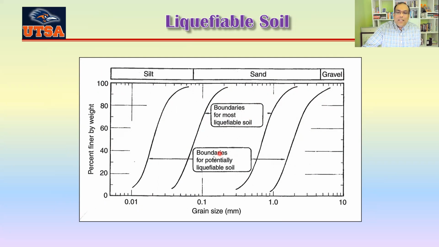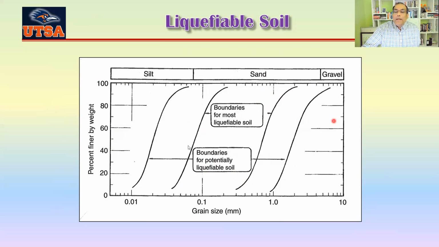This other boundary is the soil that has potential for liquefaction. Okay, so this is basically sand here. But we usually don't use pure sand for any embankment. It's not a good idea at all.